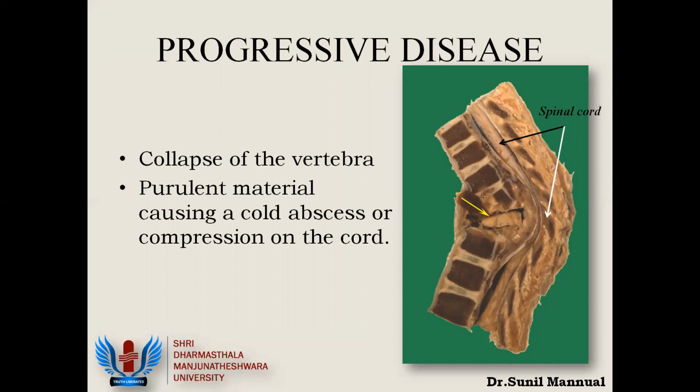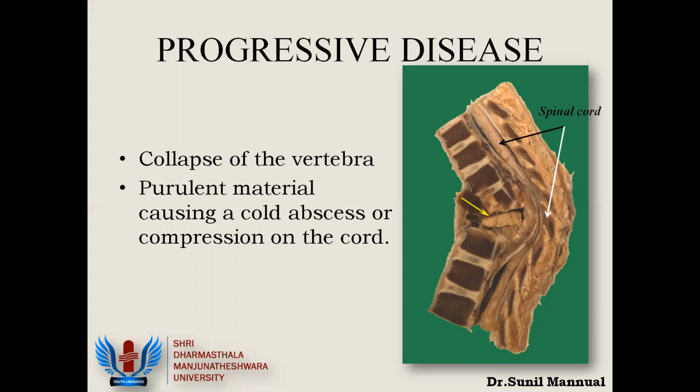There were two vertebral bodies sitting there, but they have been collapsed so badly that you can't even identify the remnants of anything. And what I've marked in the black arrow is the thickness of the spinal cord. And what I've marked in the white arrow, you can see that the spinal cord is completely compressed and it's literally plastered to the back of the spine. So this is what happens.